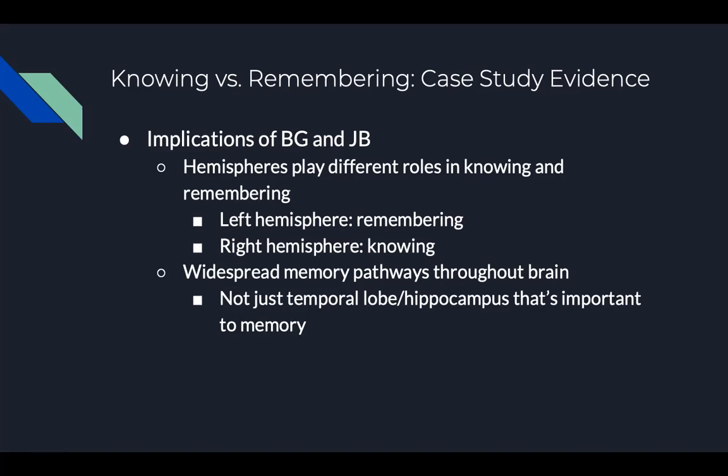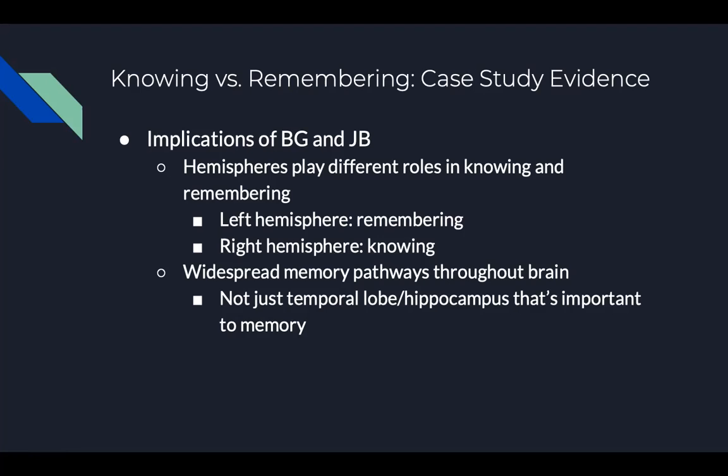Perhaps the left hemisphere is the area that oversees this sense of remembering. And then in comparison with JB, because his right hemisphere was still intact, maybe that's what was driving his bias for knowing.